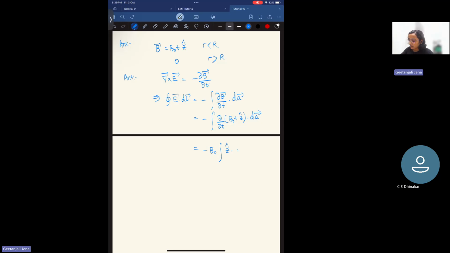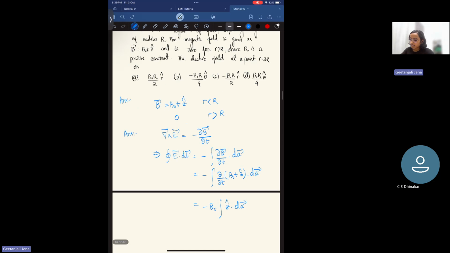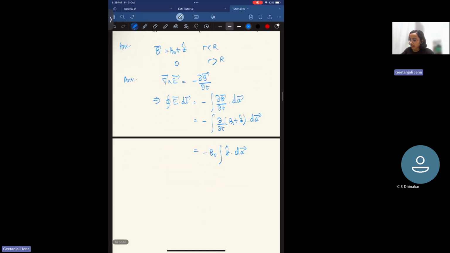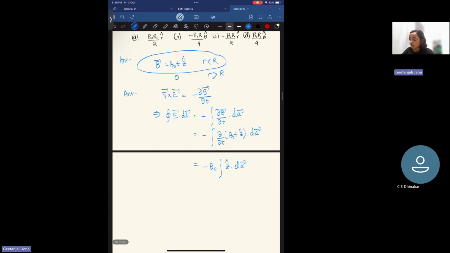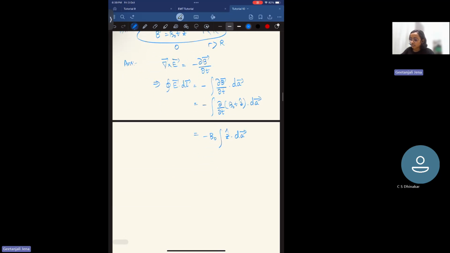This is ẑ·dA. And it's a circular region and the field is only non-zero within the radius R, so the flux should be integrated from 0 to R. So this will be B0 π R².